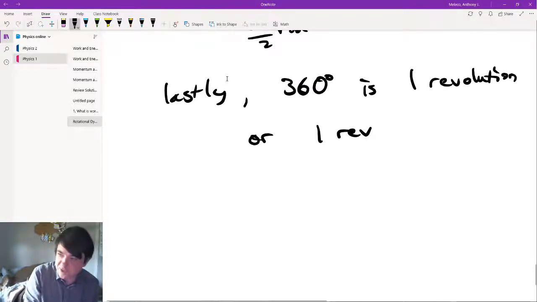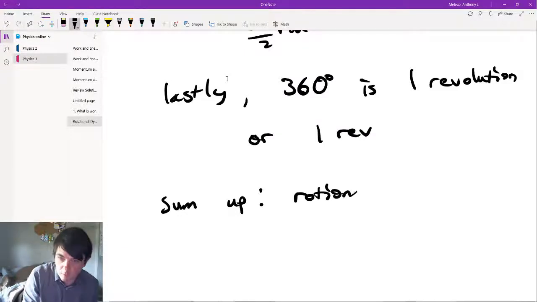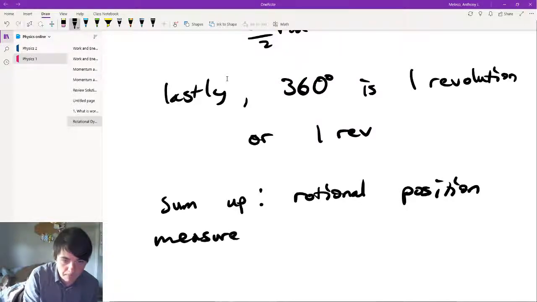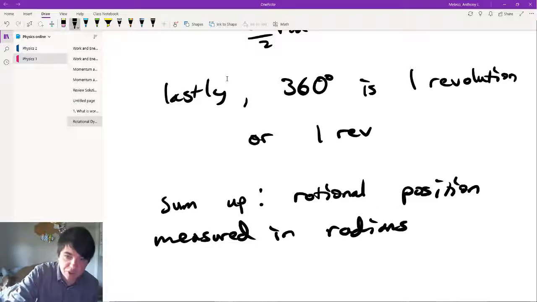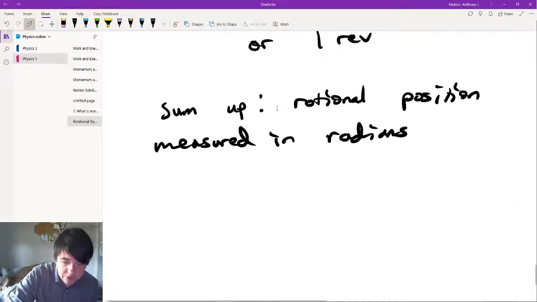So, just to sum up, rotational position is measured in radians, okay? 1 radian is 57.3 degrees, if that makes you happy.